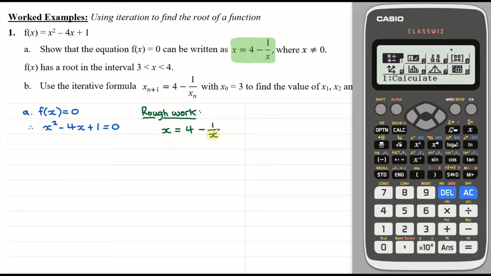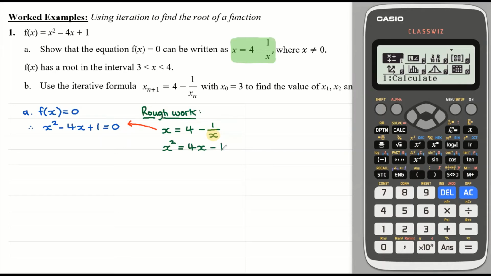I think I'm going to have to multiply by x, and what I'm trying to do is get back to that original equation that is stated here. Okay, so if we multiply everything by x, we're going to get x squared is equal to 4x subtract 1.